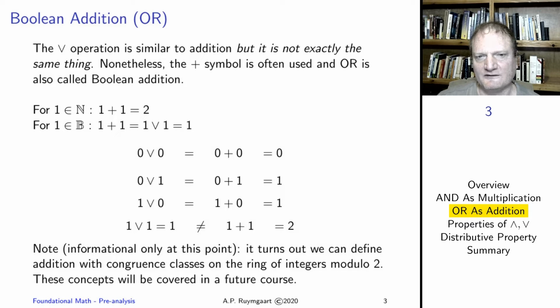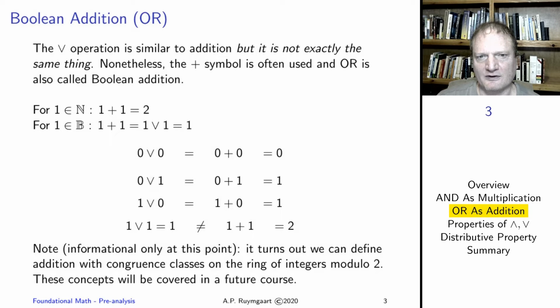In the other three cases, if we restrict ourselves to the numbers 0 and 1 in the set of natural numbers, we get the same result, except when on both sides of the operator symbol we have a 1.